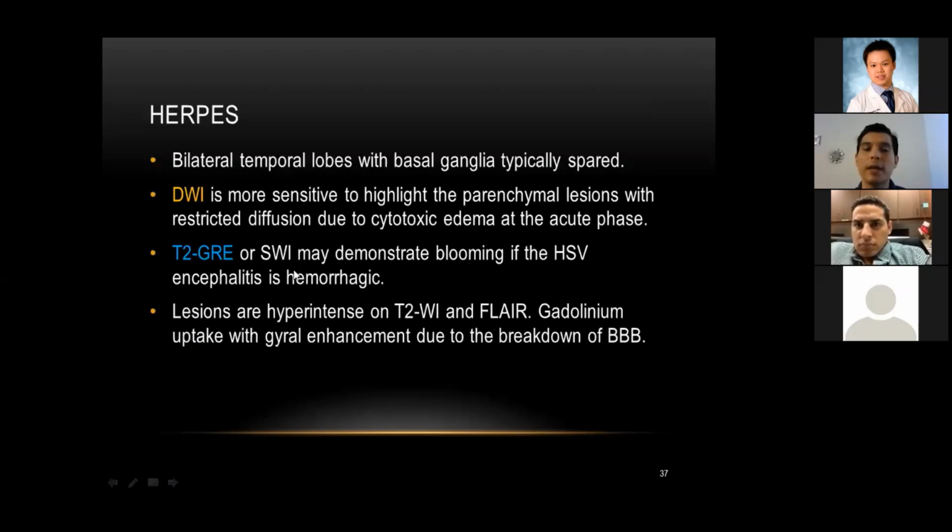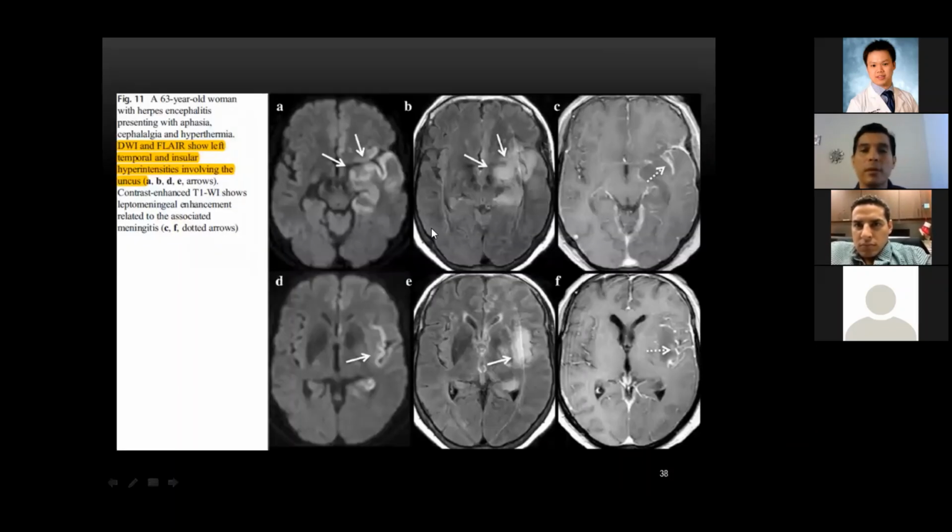If that happens, T2 gradient will be our key sequence. In this case, with cortex compromise in the temporal and insular region, and contrast uptake in this part, revealing meningitis.